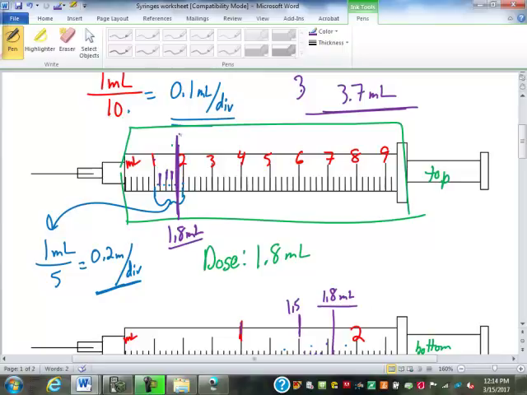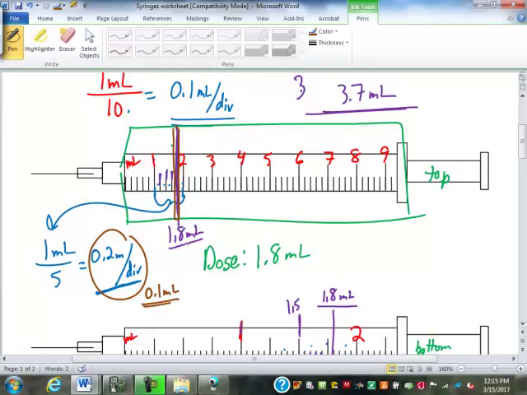The difference is this top one here, being a wider syringe with a higher capacity, being off by just a little bit with that plunger means quite a bit of volume. Let's say we're off by half of a mark there, which isn't uncommon, half of 0.2 milliliters, that'd be off by 0.1 milliliter.